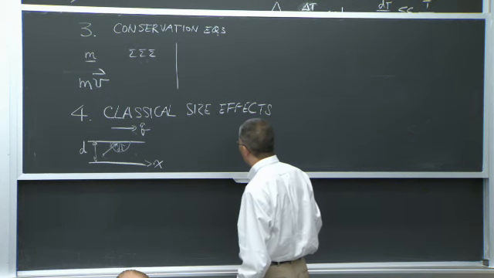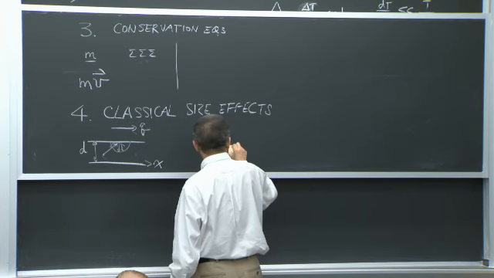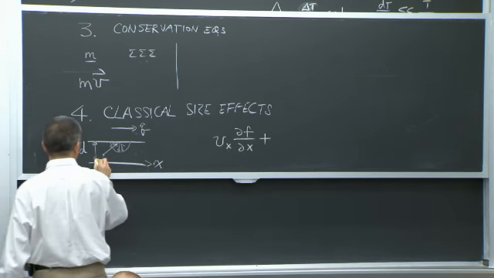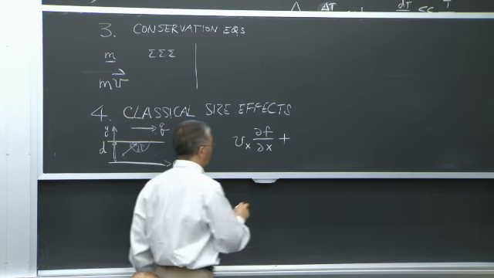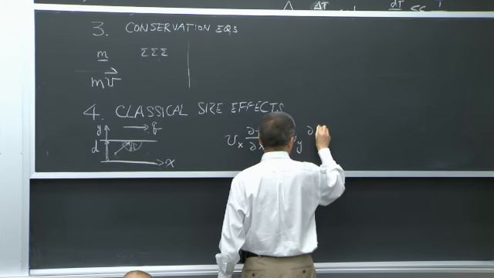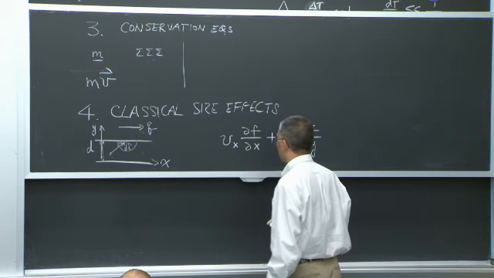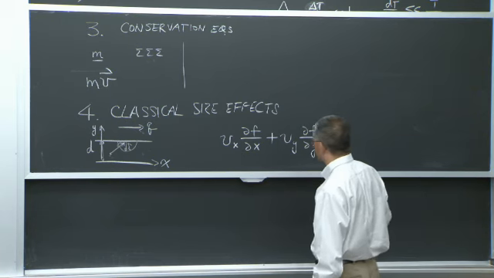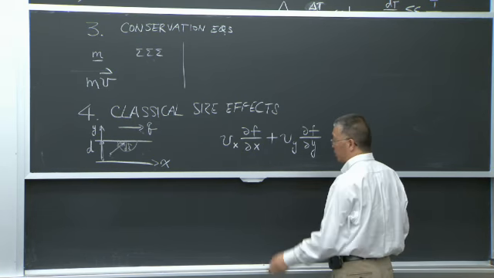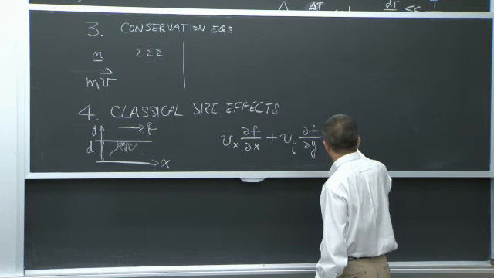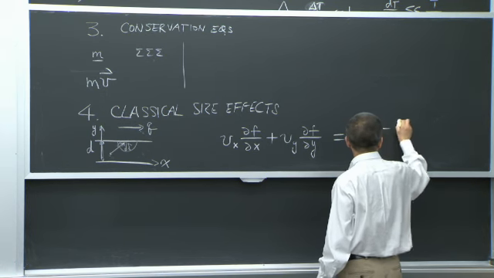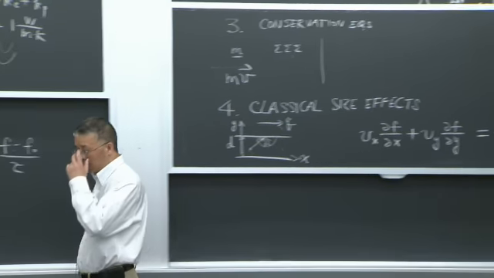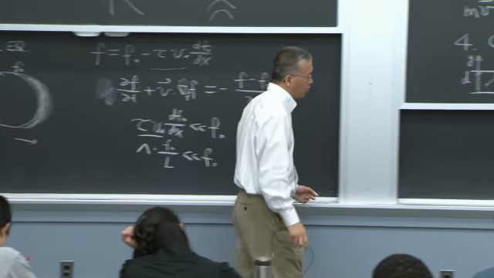So in this case, I have Vx df/dx plus, here is the y direction, Vy df/dy. In the z direction, I don't have a gradient, so I can drop that. I'm only considering the x direction flow. So I have equals minus f minus f0, the steady state, over tau. This is the equation I want to solve.